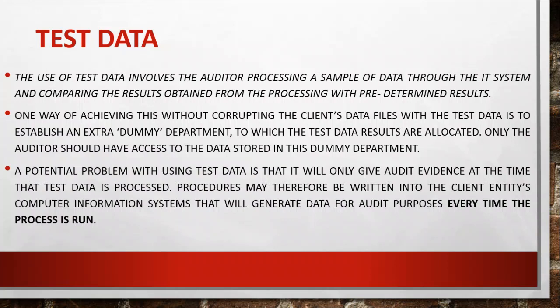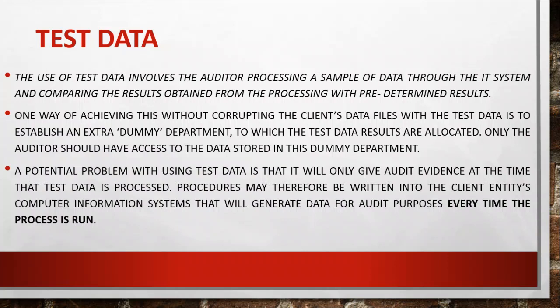A potential problem with using test data is that it will only give audit evidence at the time that the data is tested. We are going to go into much detail about the disadvantages and the advantages of test data. But it is important for us to notice that when we extract, in IT what we call spooling, when we spool out information, it must be at a particular time.